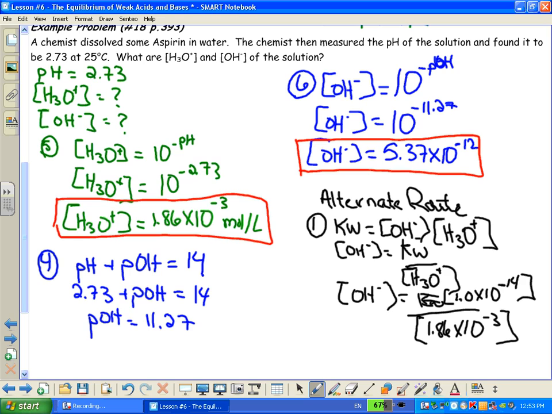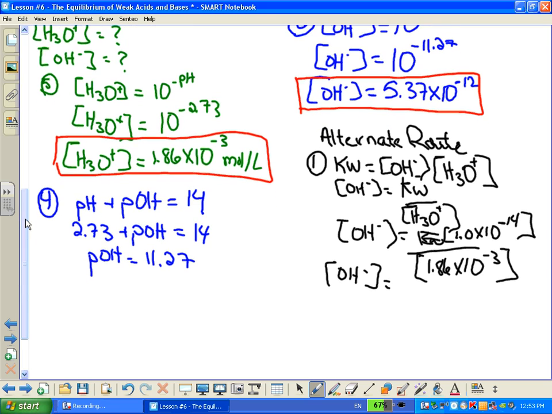If you put that in your calculator, 1.0 times 10 to the negative 14 divided by 1.86 times 10 to the negative 3, you will get 5.37 times 10 to the negative 12, which you can see is exactly the same as the answer above.